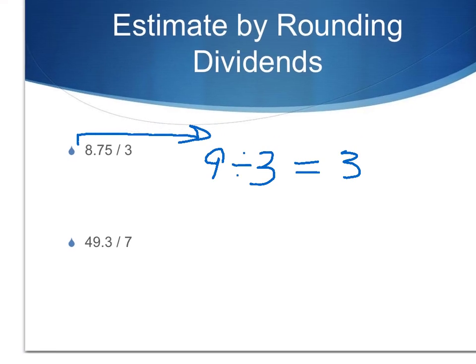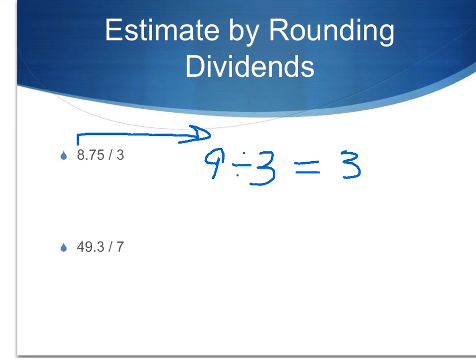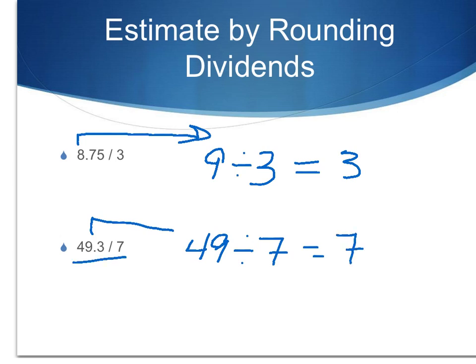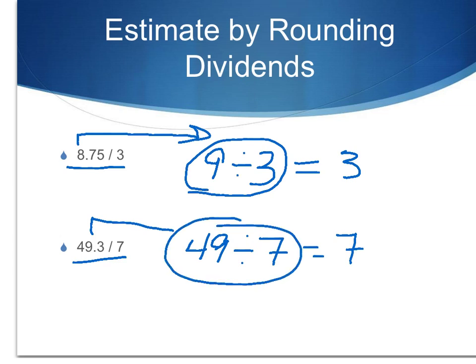So I will round 49.3 to 49 and keep the second number, 7, the same. And 49 divided by 7 is 7. So I take numbers that are not compatible in the two examples and turn them into numbers that are compatible, so I can generate quotients that are easy to do in my head.